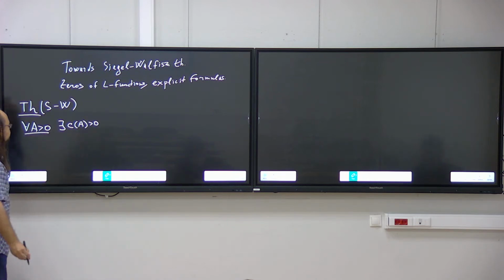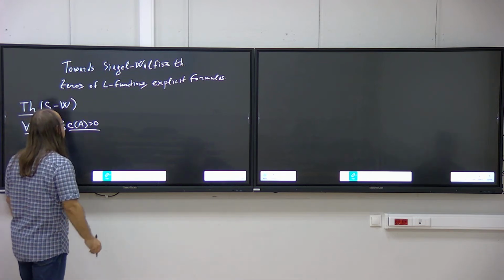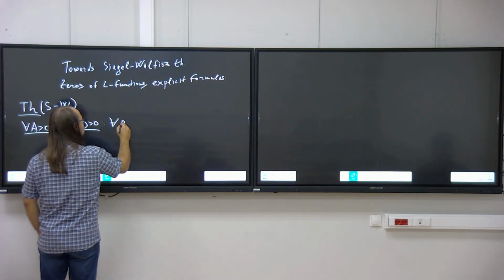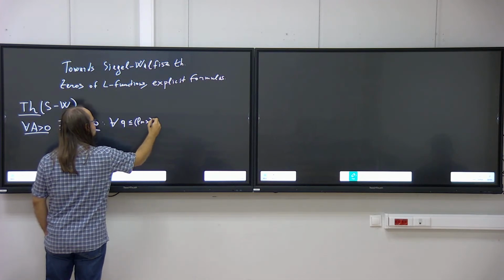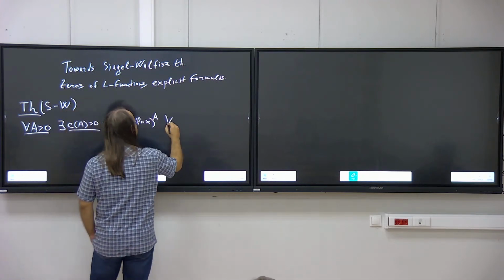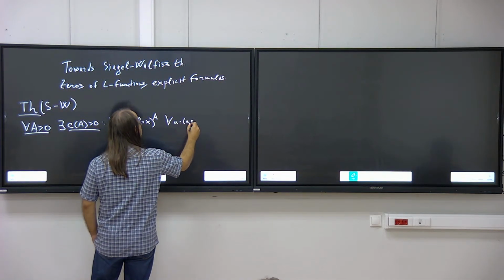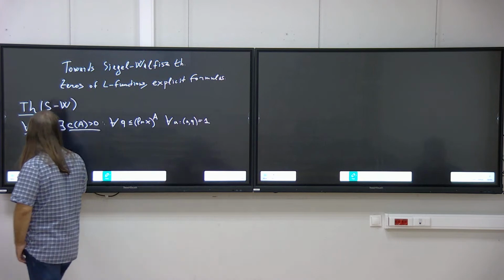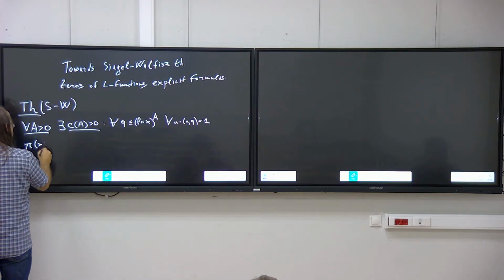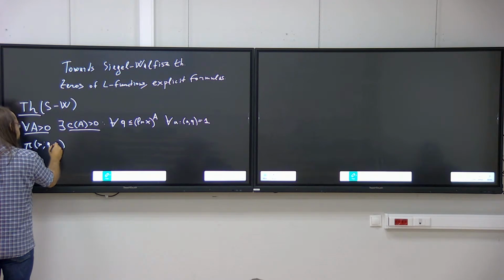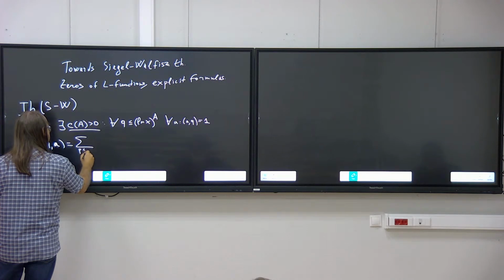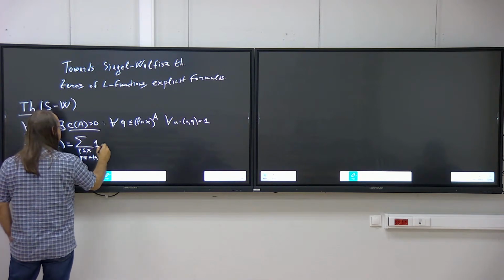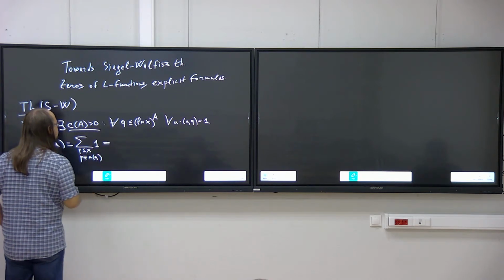So for any A greater than 0, there is a constant C of A, such that for any q less than or equal to logarithm of x to the power A, and for any a such that a and q are co-prime, we have that pi(x; q, a), which is the number of primes below x which are congruent to a modulo q, is equal to the following.